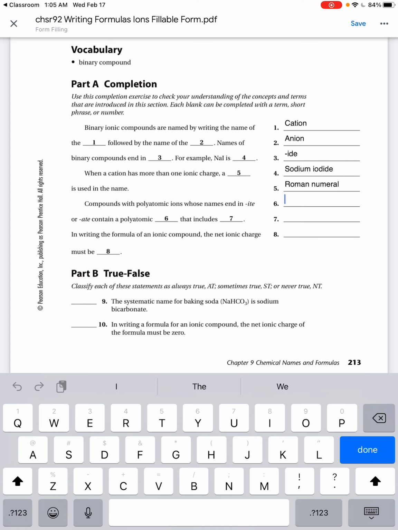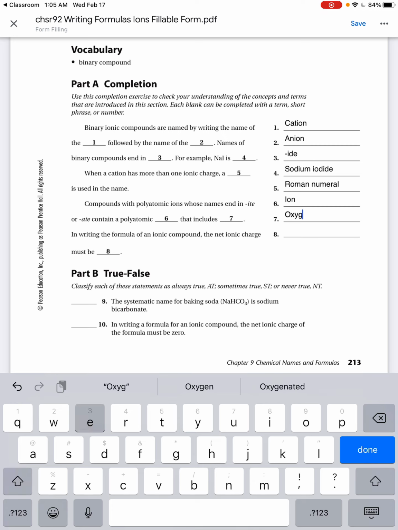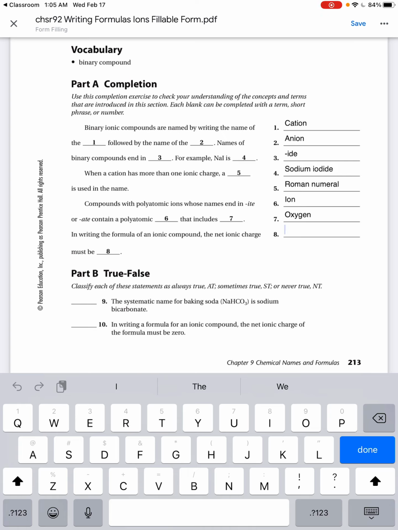And compounds with polyatomic ions whose names end in ite or ate contain a polyatomic ion that includes oxygen, as we pointed out last time. And in writing the formula of an ionic compound, the net ionic charge must be balanced or zero.